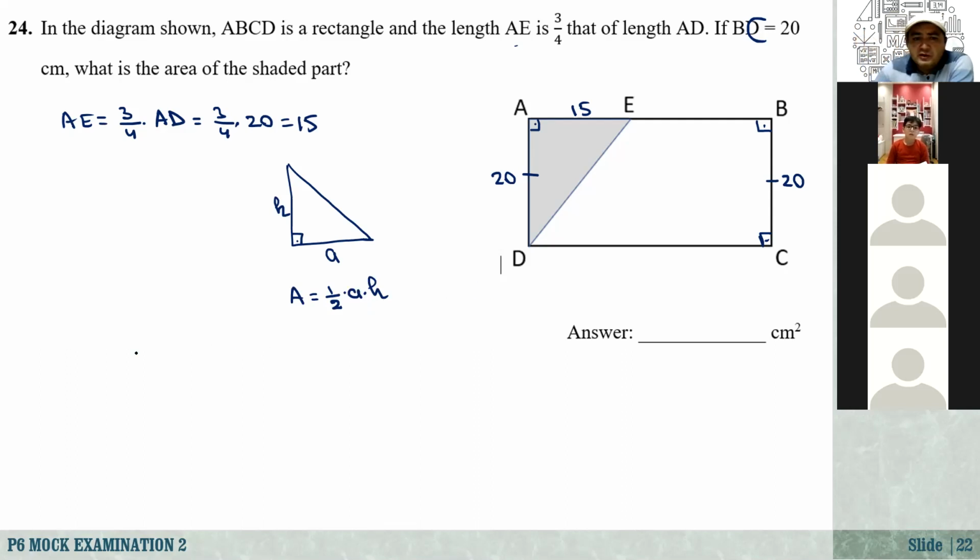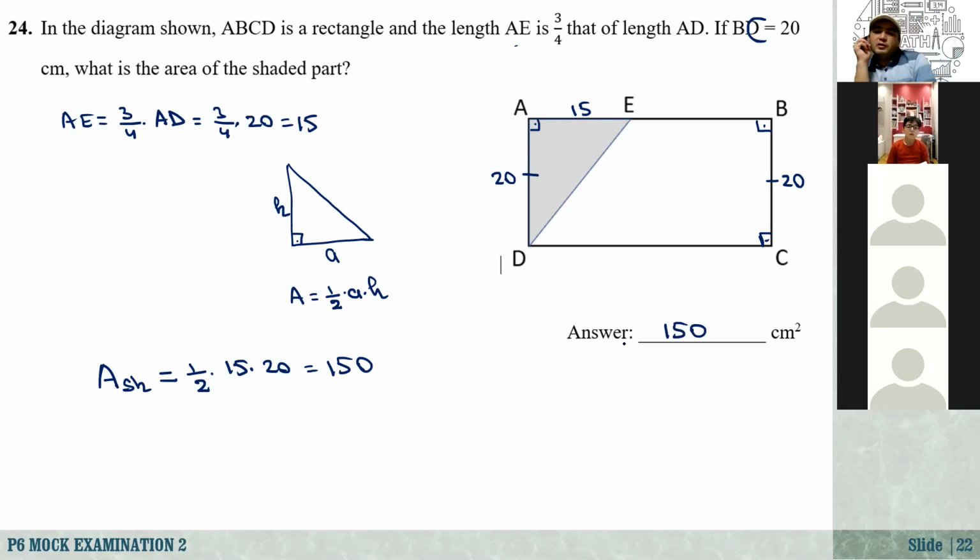That's why. So the area of the shaded region is equal to 1/2 times base, which is 15, times height, that is 20. And 20/2 is 10. 10 times 15 is equal to 150. So the area of the shaded region is 150 square centimeters.